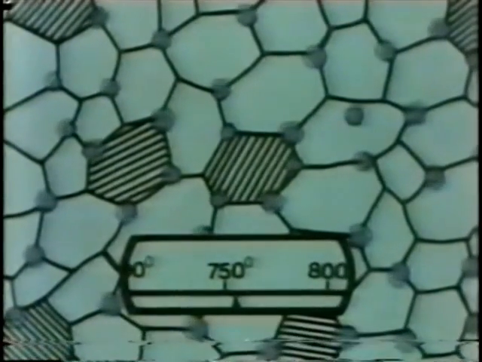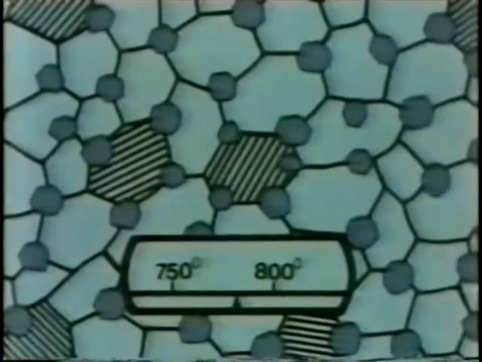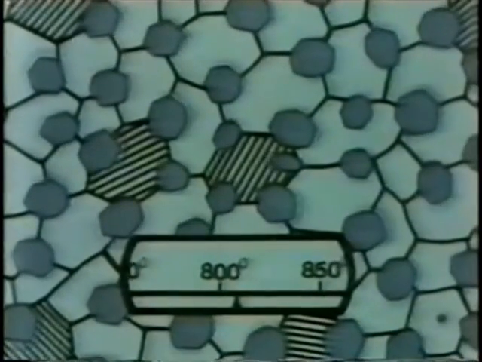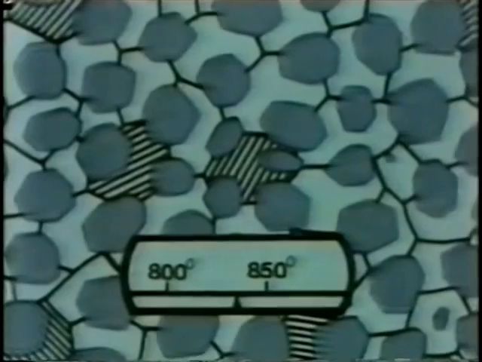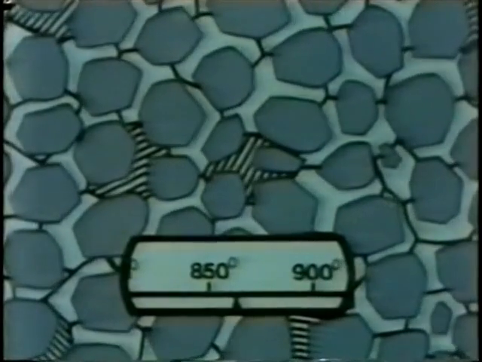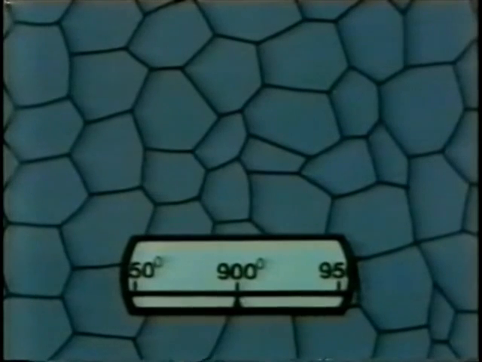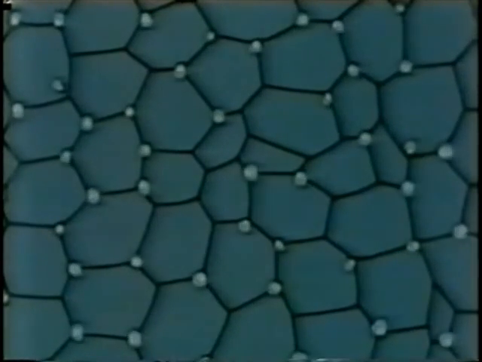And once again, the new grains begin to form until they completely take over the old grain structure. In this case, we have to take the temperature up much higher, to nearly 900 degrees centigrade. If we quench it now, there's insufficient carbon for the hard, needle-like structure to form. We've finished up exactly as we started.